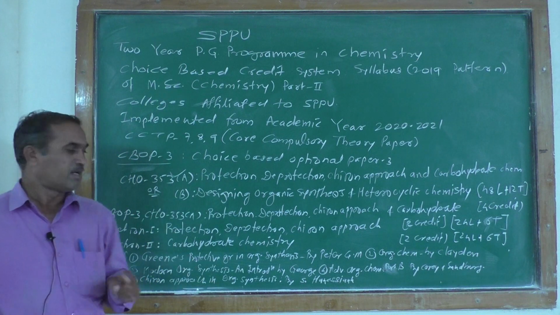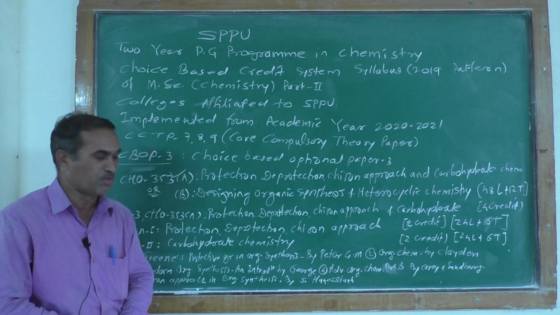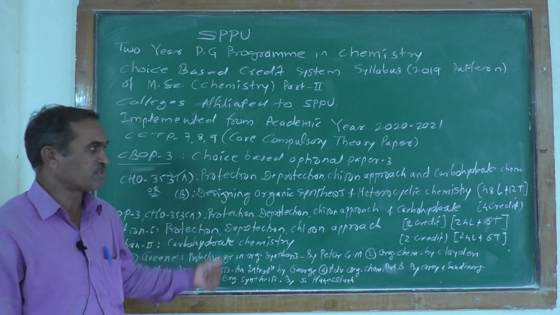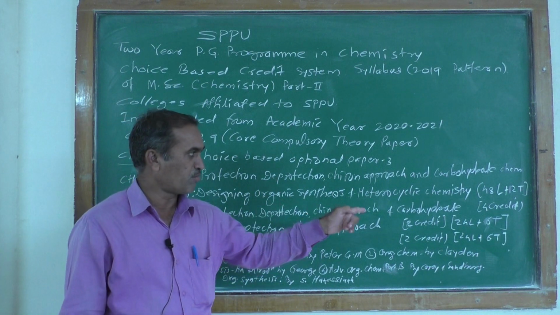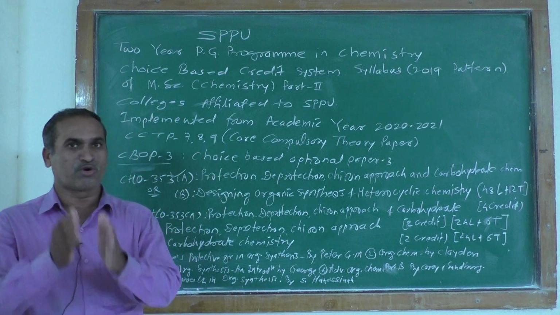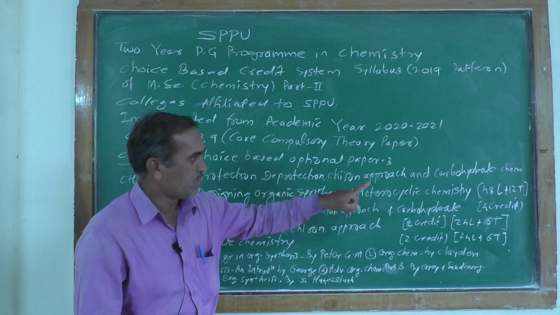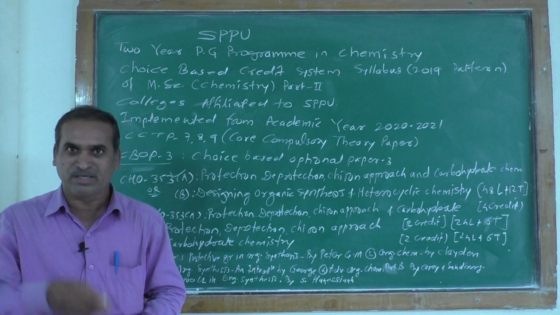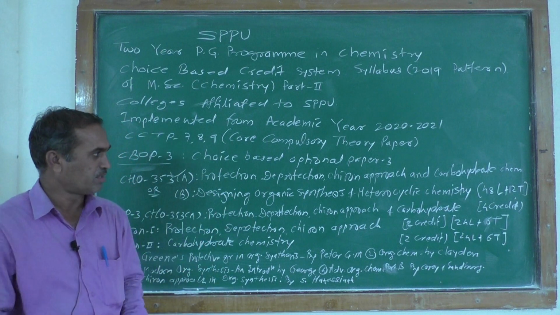Section number 1 deals with protection, deprotection and chiron approach. There are 2 credits for this first section and it requires 24 lectures, plus 6 for tutorial. You should complete that tutorial.